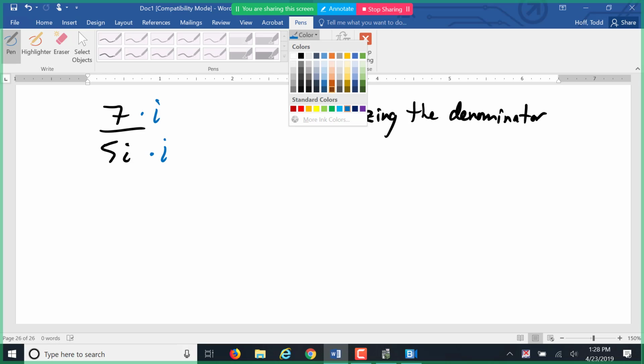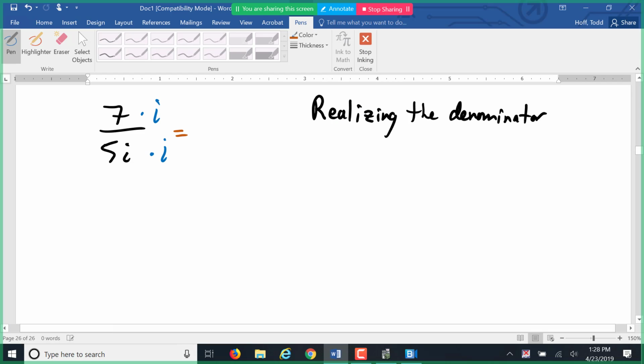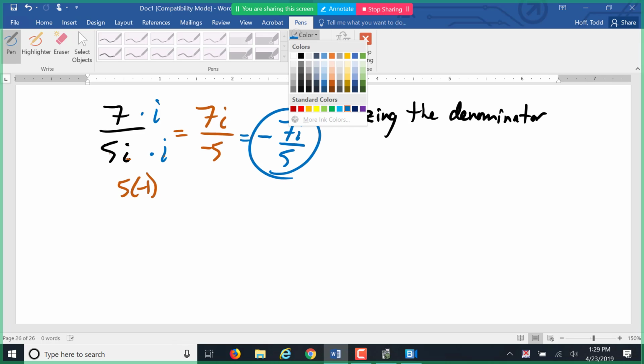If we multiply by I, 7 times I, of course, is just 7i. 5i times I, well, 5 times 1 is just 5. I times I is negative 1. That's just a negative 5. So that becomes a negative 7i over 5.